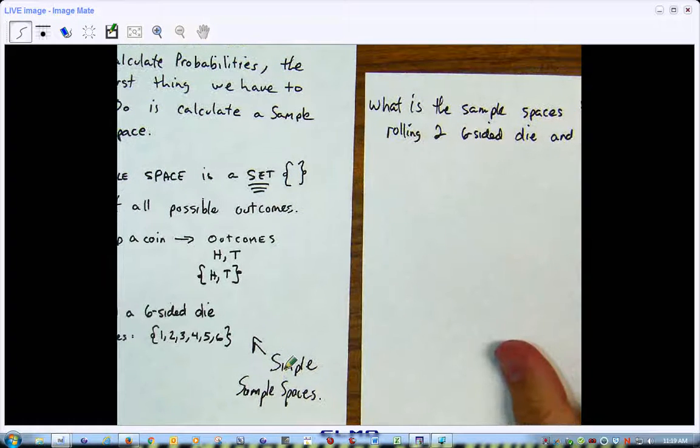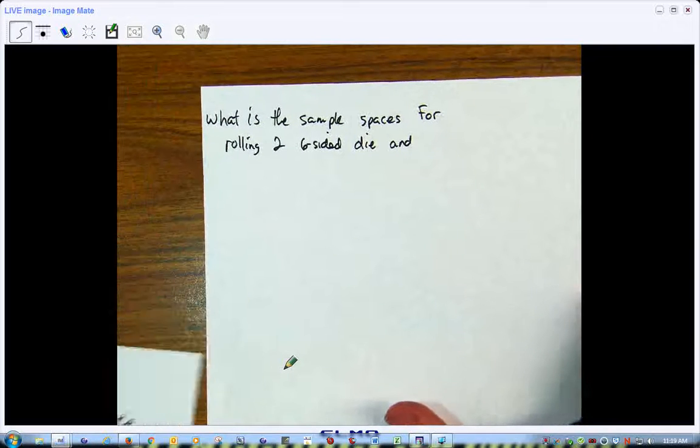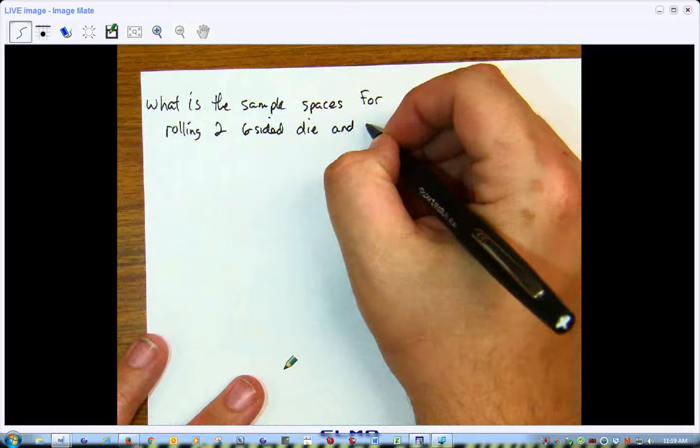Alright, now, what is a sample space for rolling two six-sided die and adding them together?